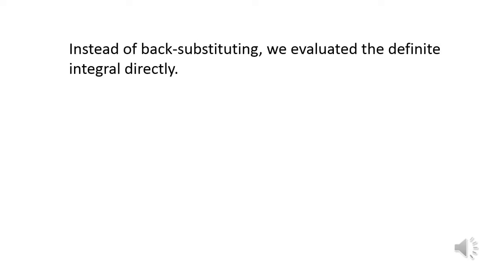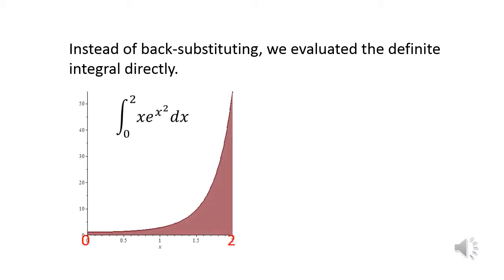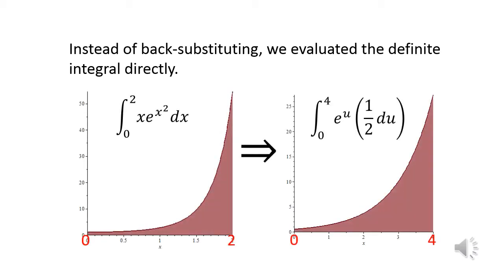I'd like to say a little bit more about why we did not have to back substitute. When we performed our substitution by substituting everything in terms of u, including the limits of integration, we transformed the region e to the x squared from 0 to 2 into a different region, 1/2 e to the u from 0 to 4.